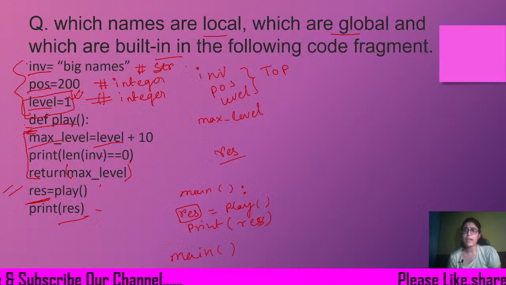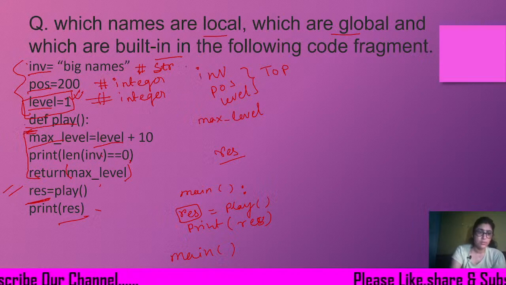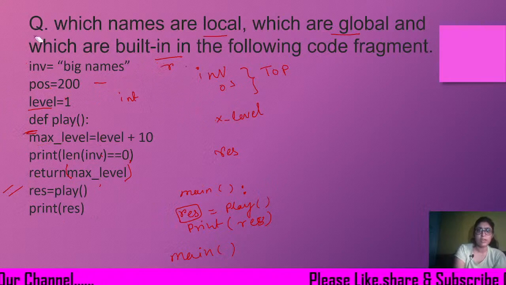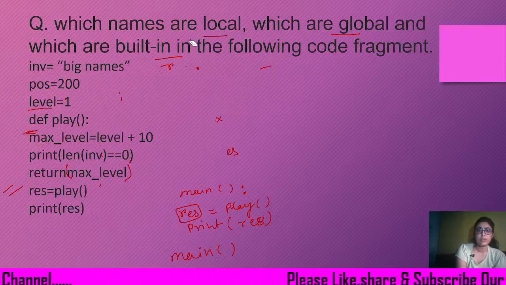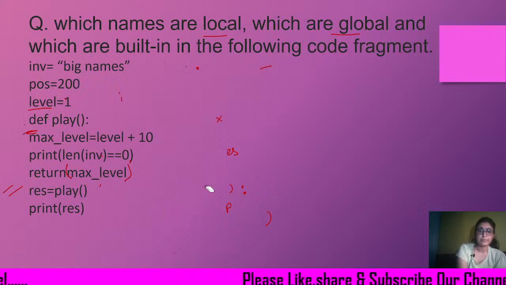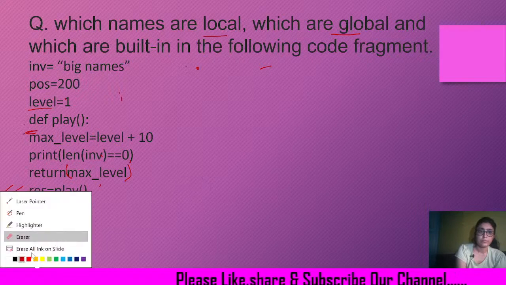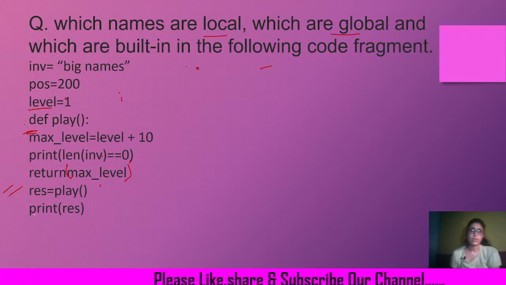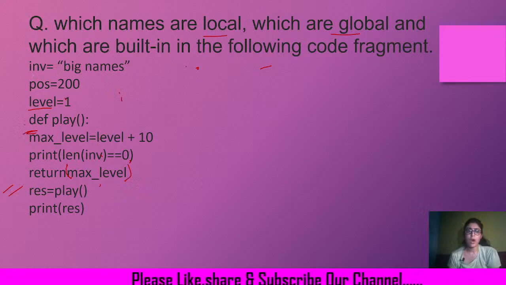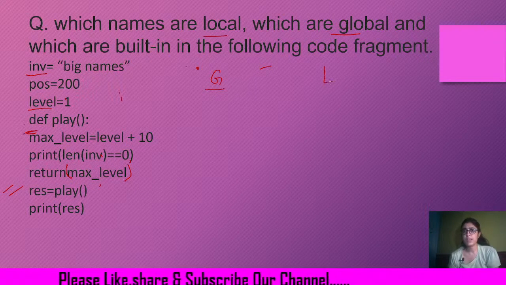So what are the global variables over here? Let me erase all the things so that you get a clear idea. Here g is for global, l for local.